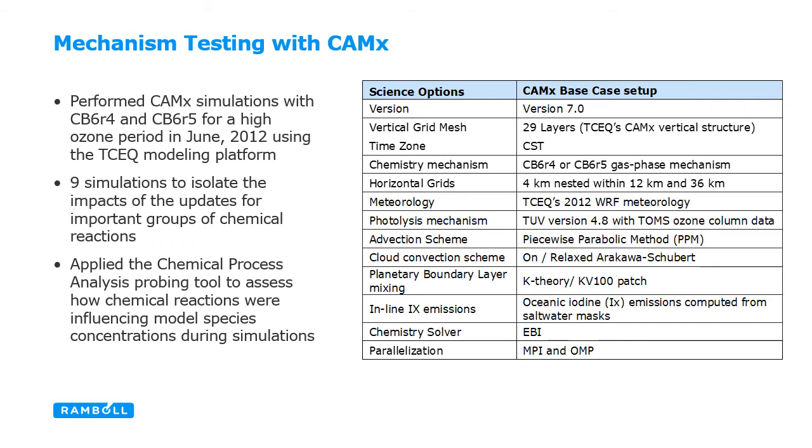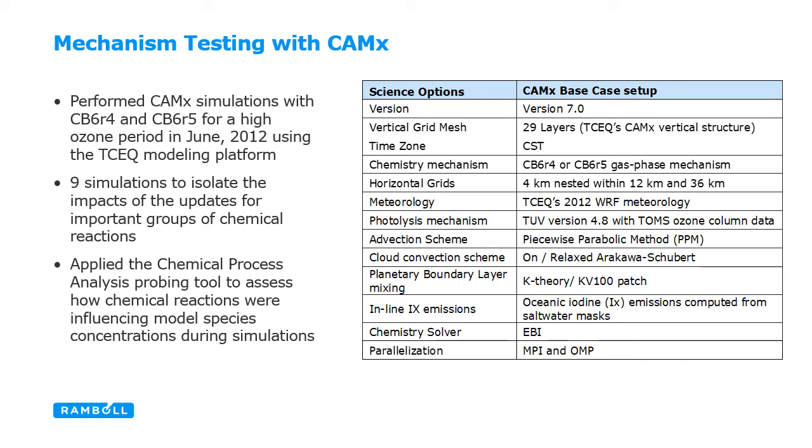Following the revision, we performed a series of runs with the CMAQ photochemical grid model to test the new mechanism and determine the impact of the updates on the concentrations and model performance of important atmospheric species such as ozone. The modeling period we selected was a period of high ozone in Texas in June of 2012. And for the modeling, we used the TCEQ modeling platform with the newest version of CMAQ, version 7.